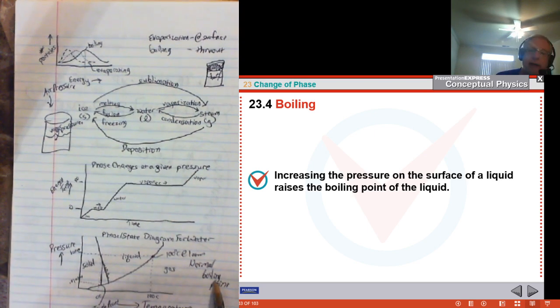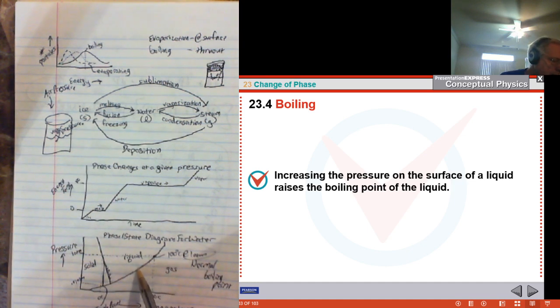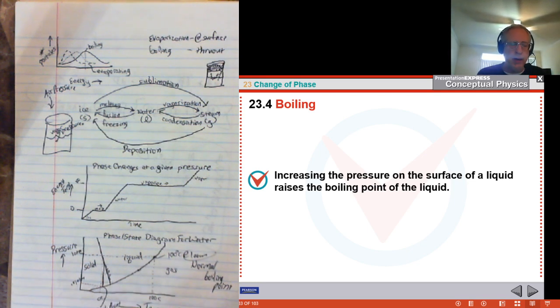The normal boiling point is where it normally occurs, which means 1 atmosphere of pressure. At 1 atmosphere of pressure, the boiling point is 100 degrees. So that's the normal boiling point. Anywhere along this curve is a boiling point, just not the normal boiling point. Okay, so boiling.